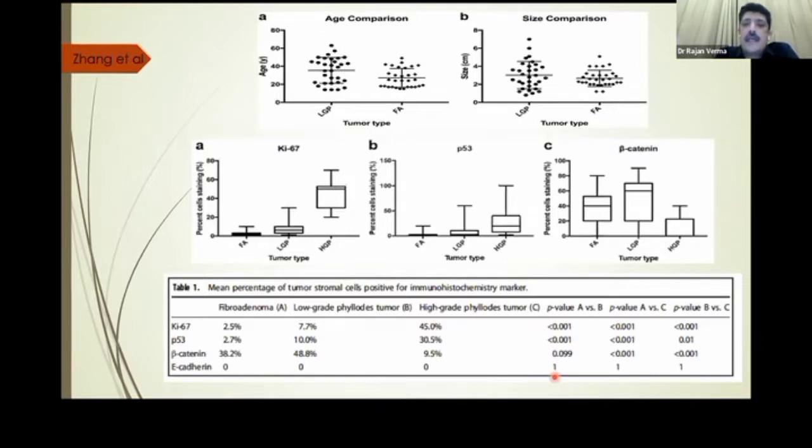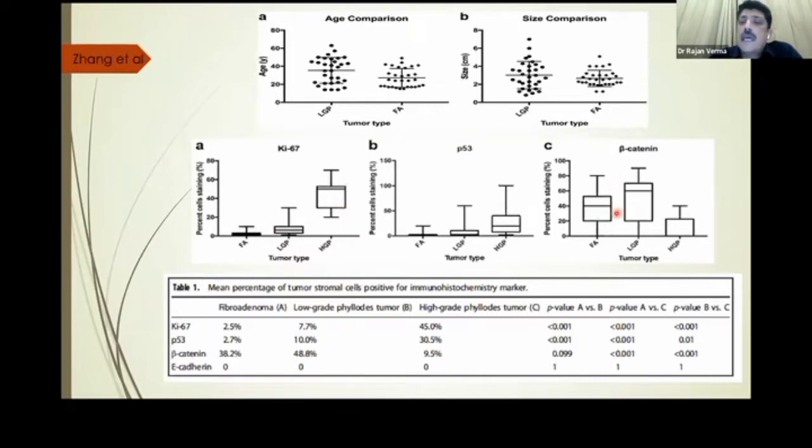There is a whole journal article regarding his study. If you look into the immunohistochemistry, there is no statistical difference between all these. If you compare fibroadenomas with the benign phylloid tumor, they found a lot of overlapping in Ki67, but individually it was a little bit more in low-grade phylloids, about 7.7%. You look into P53, there is again an overlapping, but there is a considerable difference between the high-grade phylloids versus the fibroadenoma or low-grade phylloids.